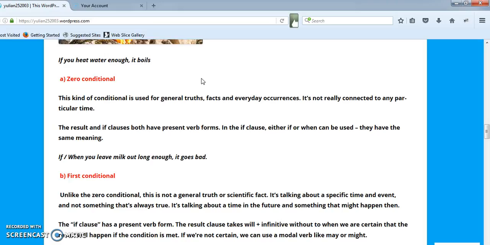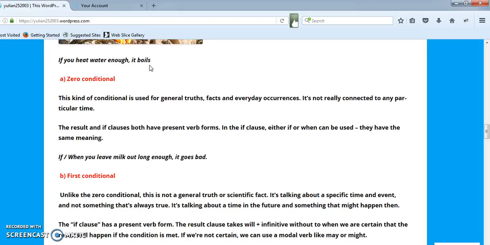It's not really connected to any particular time. If you heat water enough, it boils. This is a natural situation, okay? Another example. If or when you leave milk out long enough, it goes bad. These are other natural situations.